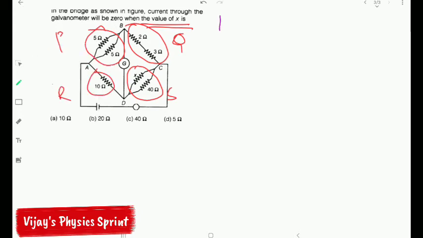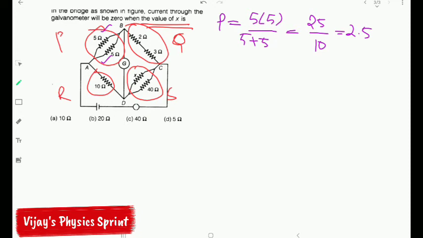P is 5 ohm and 5 ohm in parallel combination. So the resultant is R1 R2 by R1 plus R2, that is 5 into 5 by 5 plus 5, which is 25 by 10, 2.5 ohms. This is the value of P.